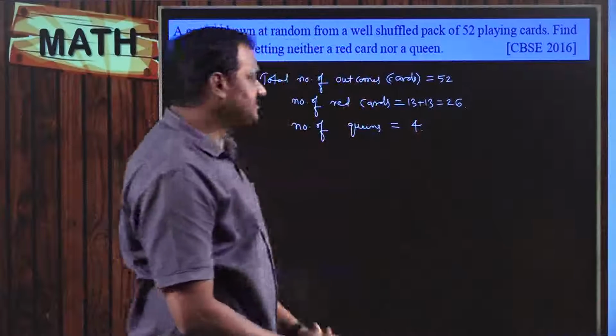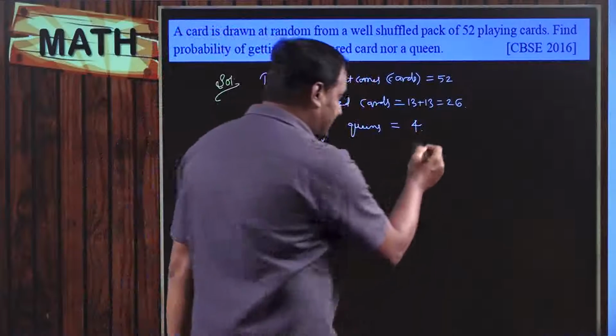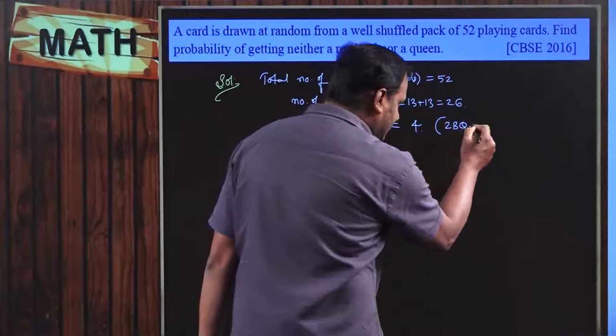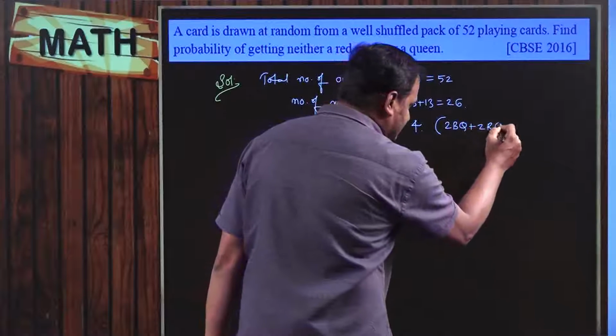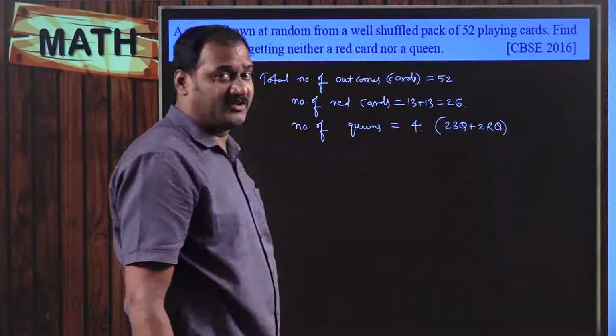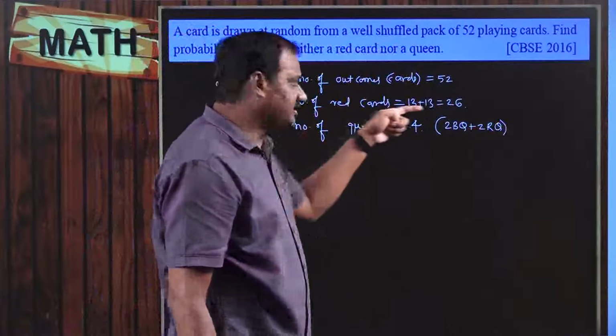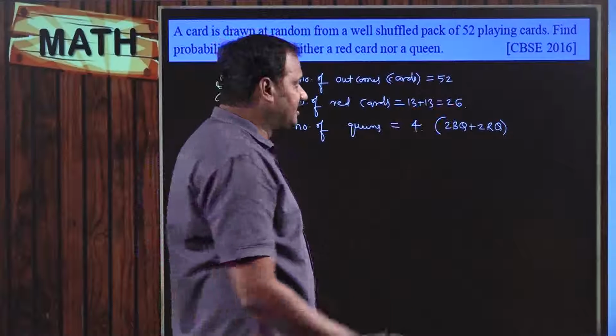Out of these 4 queens, there are 2 black queens as well as 2 red queens. But we are removing all the red cards.